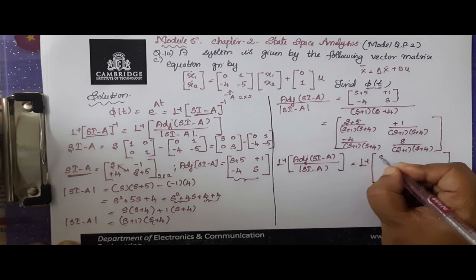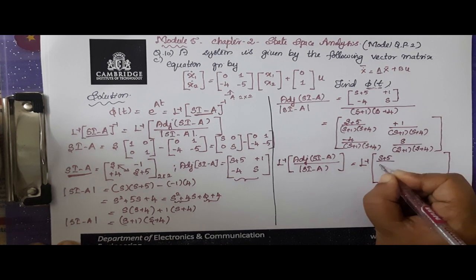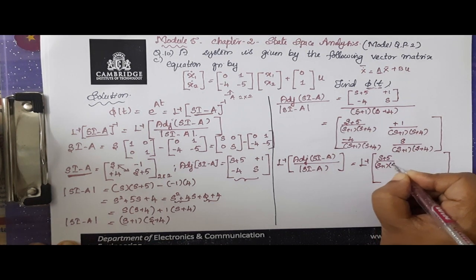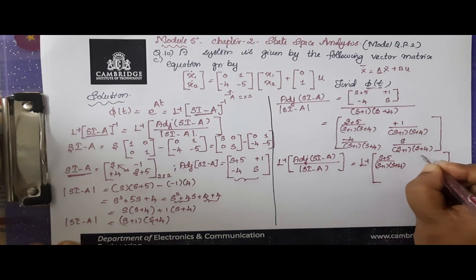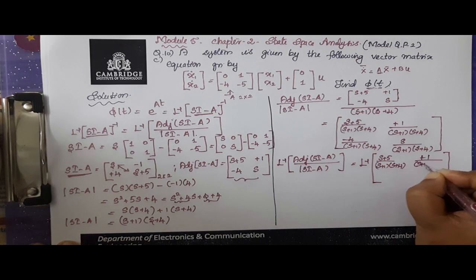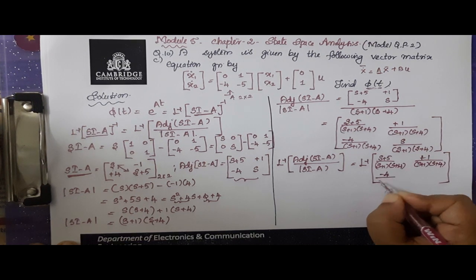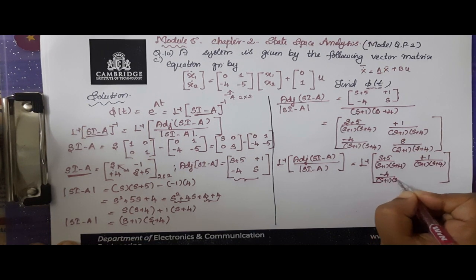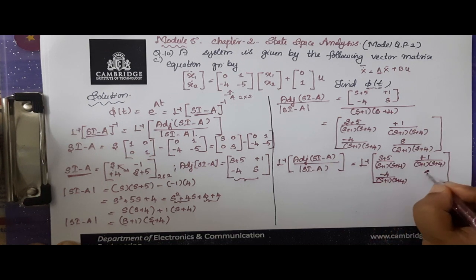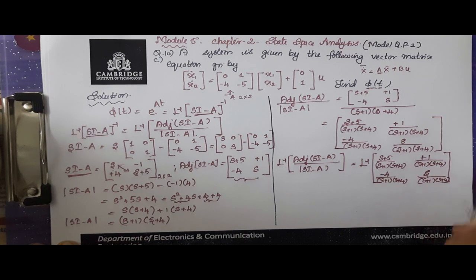Let me write it once again. S plus 5 divided by S plus 1 into S plus 4, 1 divided by S plus 1 into S plus 4, minus 4 divided by S plus 1 into S plus 4, and S divided by S plus 1 into S plus 4.